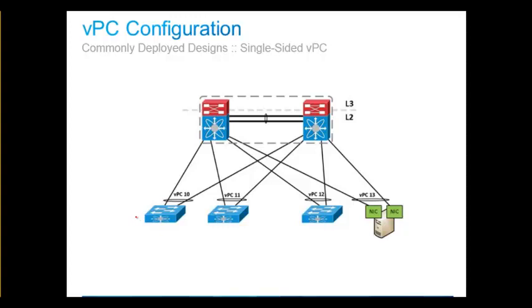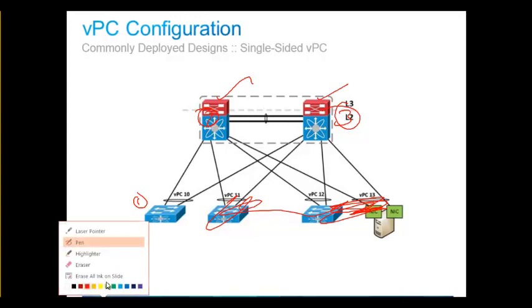To overcome this limitation of STP, we need to somehow make these two upstream switches work together. For some time I want you to ignore these switches. Just focus on 1, 2, 3. Just these 3 switches.